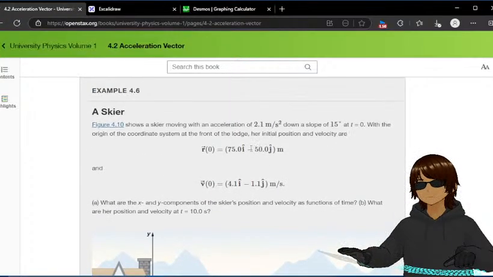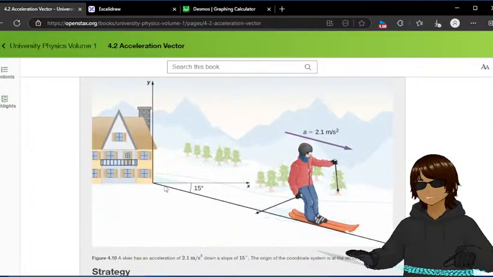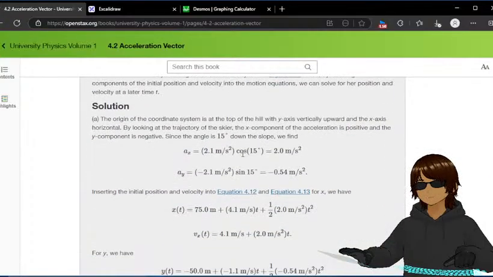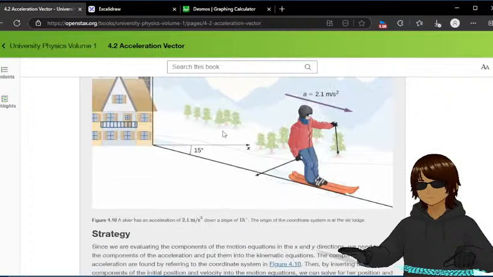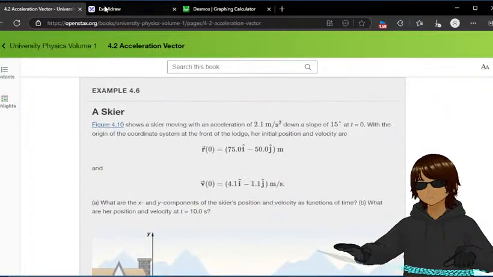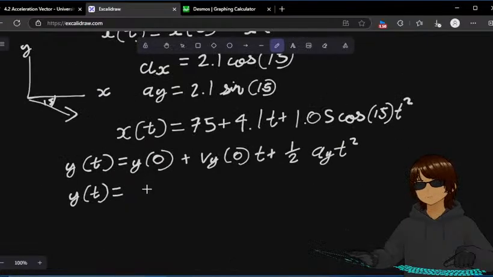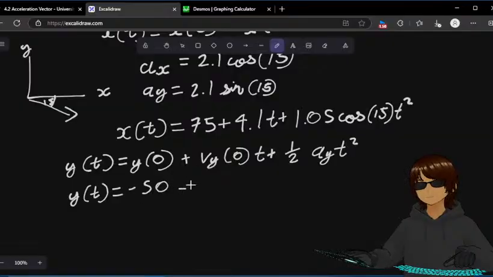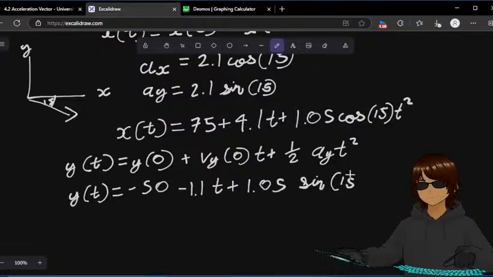Why does it start with, shouldn't y be a really high positive value? Okay, so minus 50, plus velocity minus 1.1 t, plus 1.05 sine 15 t squared.